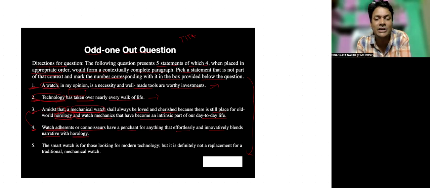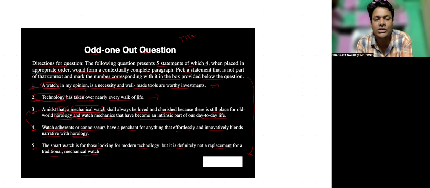The fifth one said the smartwatch is for those looking for modern technology, but it is definitely not a replacement for a traditional mechanical watch. Now, if you observe statement five, it is giving information about the smartwatch and the mechanical watch.